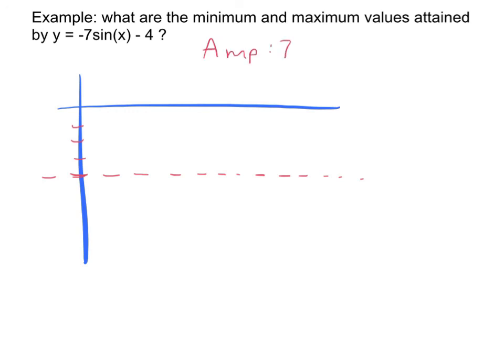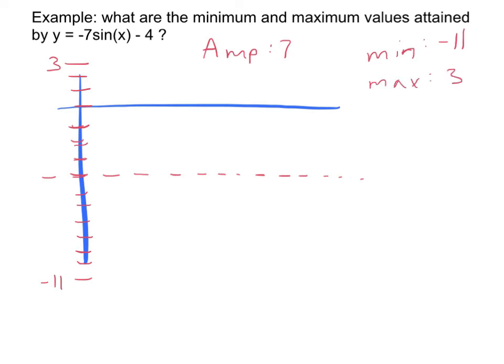In other words, this graph is going to go 7 further down, so that puts us down here at -11, and then it's going to go 7 above that, 1, 2, 3, 4, 5, 6, 7. In other words, up here to 3. Right? And in some sense, that's it. I don't need to answer any more of this because I recognize this graph is going to go down to a minimum value of -11 and up to a maximum value of 3.